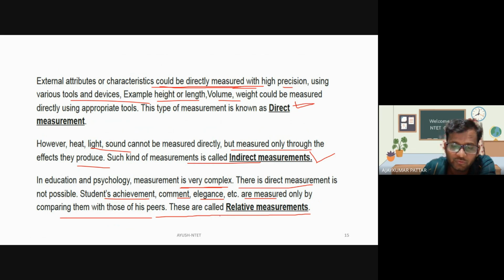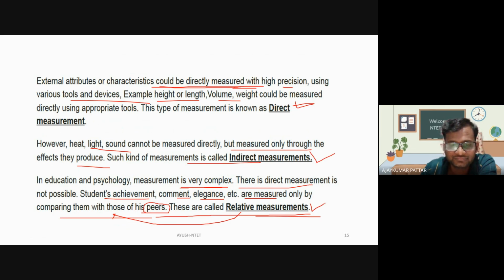If 50 students are there, 40 students are behaving one way, and 4 to 5 students are behaving differently, then we will measure these 4 to 5 students' behavior as entirely different in the classroom. With his peers or colleagues, we will compare and measure. That is relative measurement. With relation to other things, if you measure, we call it relative measurement.